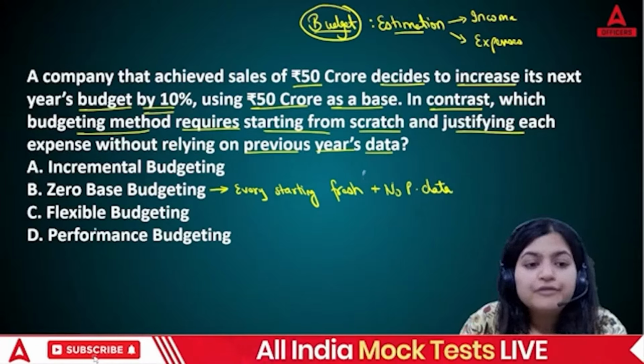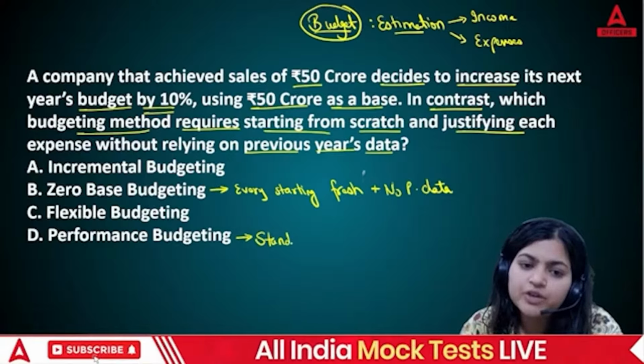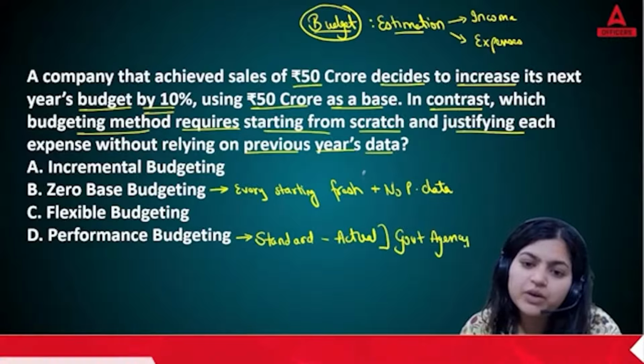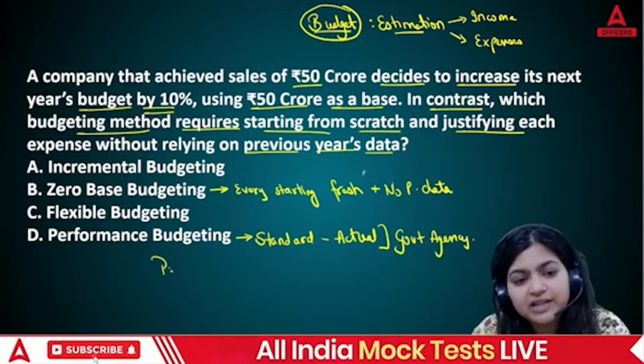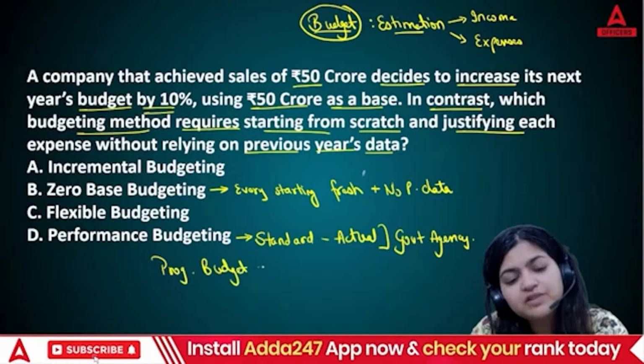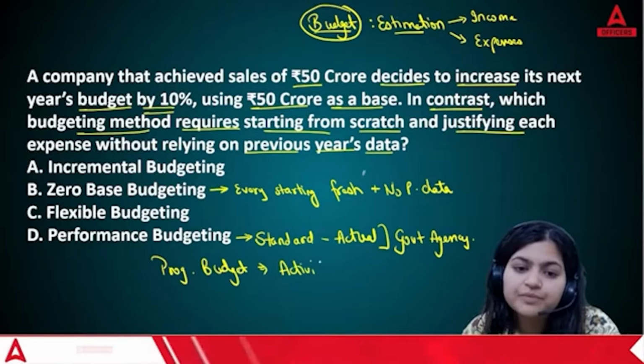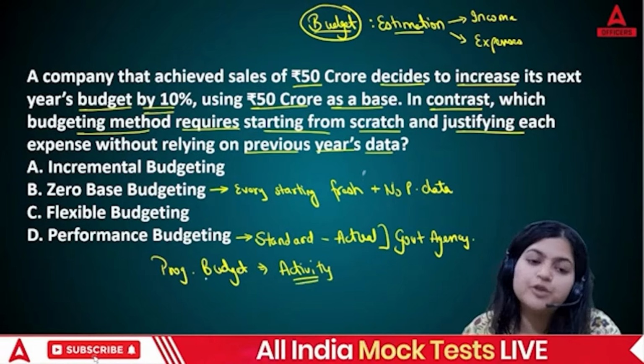Performance budgeting means when you are comparing your standard budget with the actual budget. Generally, this budget is used by government agencies. And one more budget is program budget. When you are creating a budget for some specific activities or some specific program, that is program budgeting.